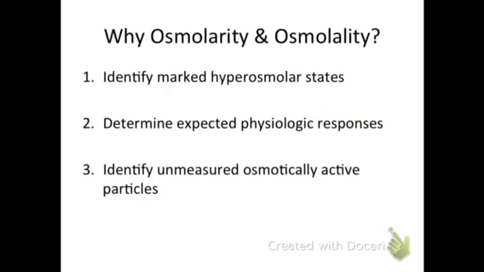So why do we care about osmolarity and osmolality? Well, there are three instances in which they are particularly helpful: identifying marked hyperosmolar states, determining expected physiologic responses, and identifying unmeasured osmotically active particles.